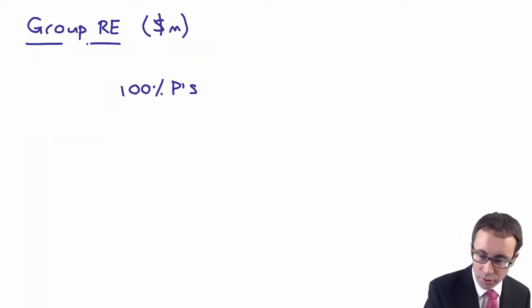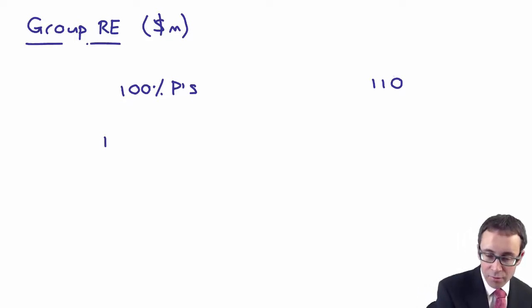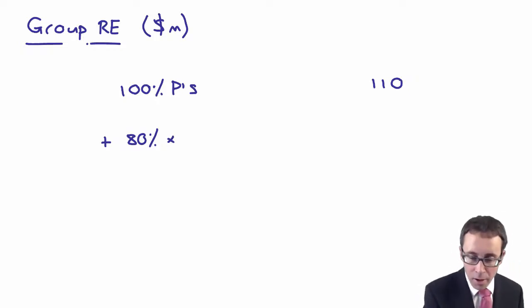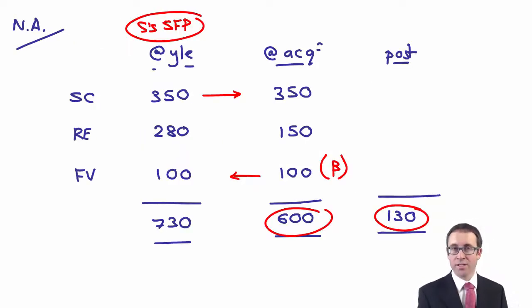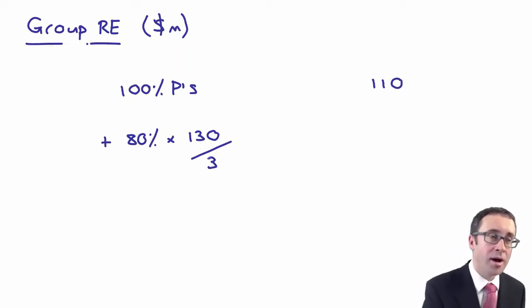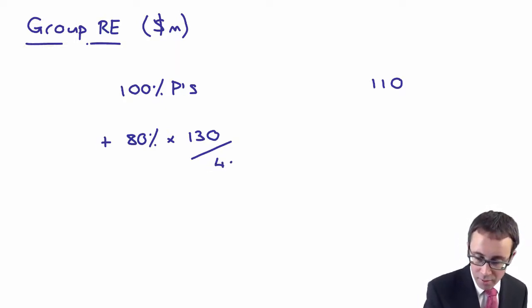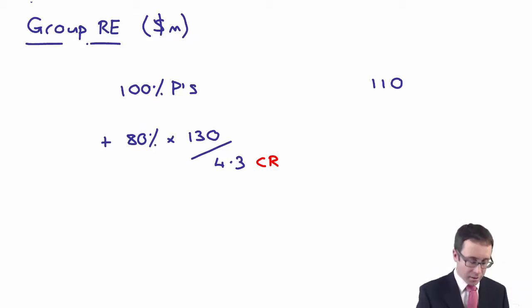So if I put in 110 within there, I then need to add on 80% of the post-acquisition profits of the sub. But just be careful, because that 130 is in dinars, isn't it? What we need to do there is we need to divide it by the 4.3. Because that 4.3 is the closing rate. Remember, everything to do with the sub goes in at the closing rate.